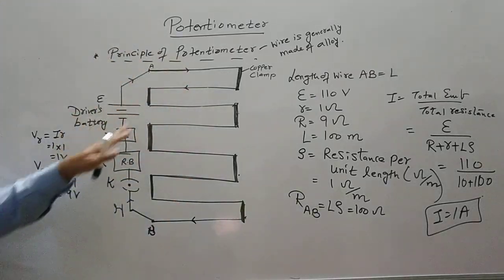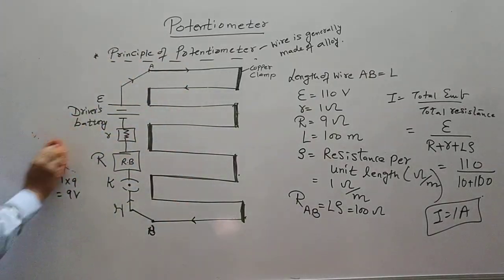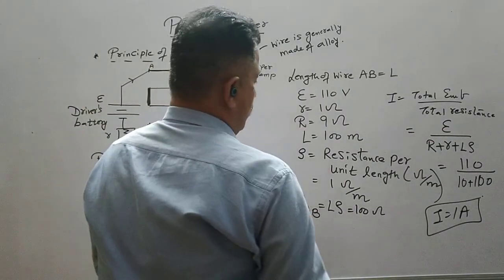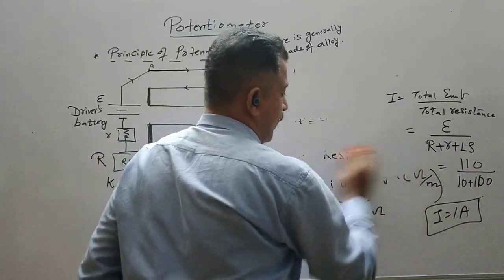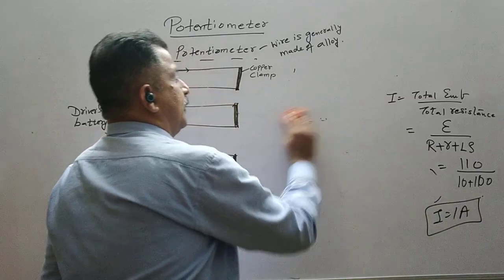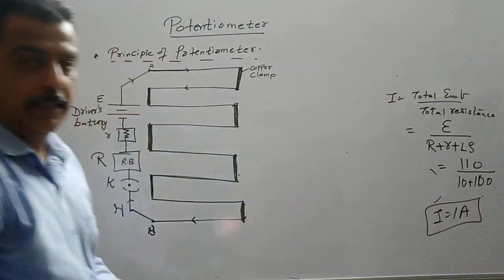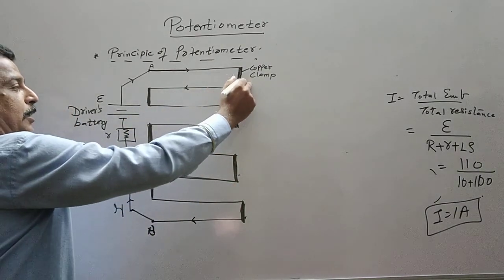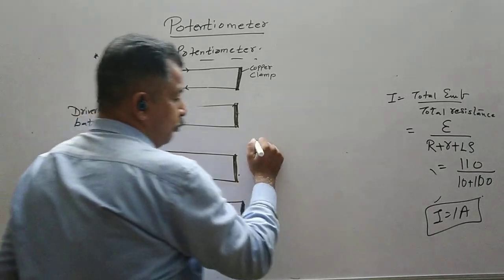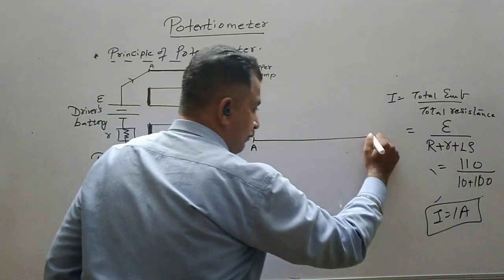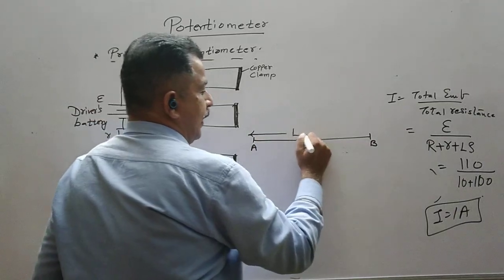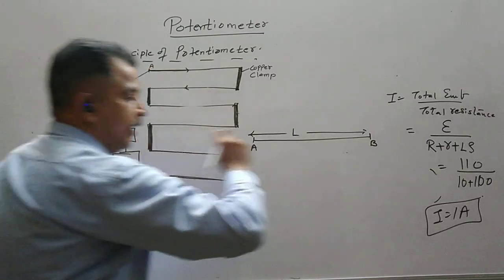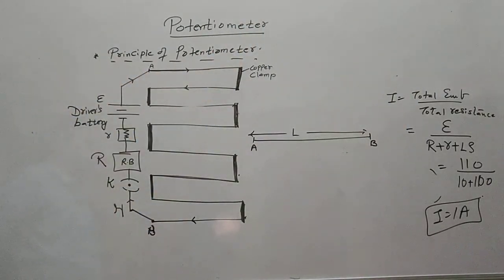Now I will draw a simple circuit for this diagram. In order to understand the principle, I draw a simple diagram. Instead of this wire being connected to a copper clamp, I take one long wire, say this is our AB wire whose length is L. Instead of taking it in pieces, I take a 100 meter long wire.